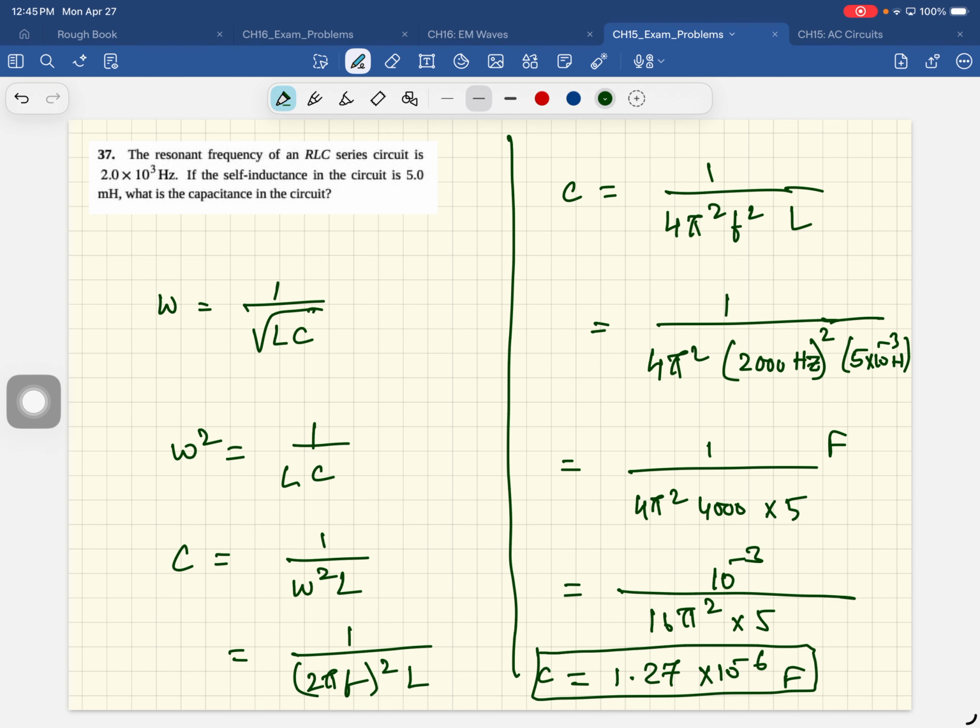Okay, so the capacitance is 1.27 microfarads.